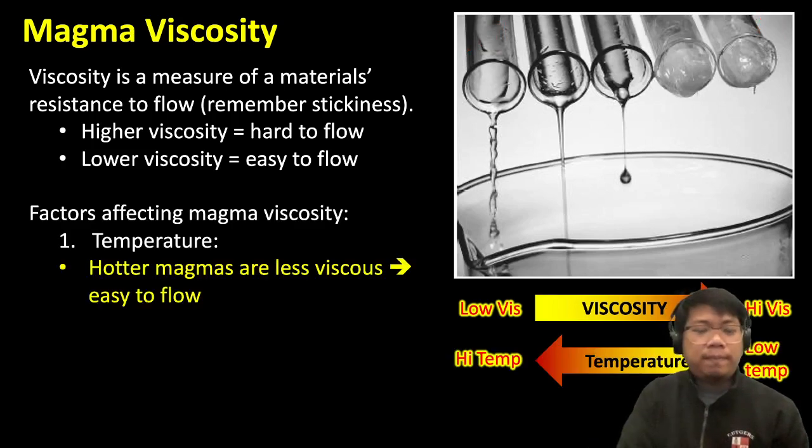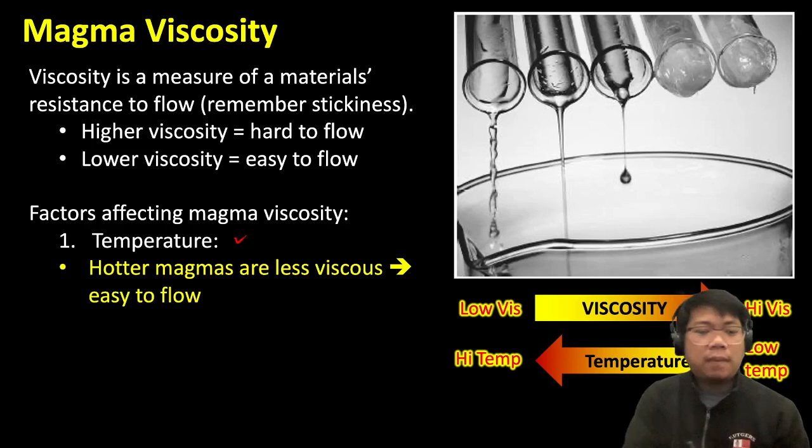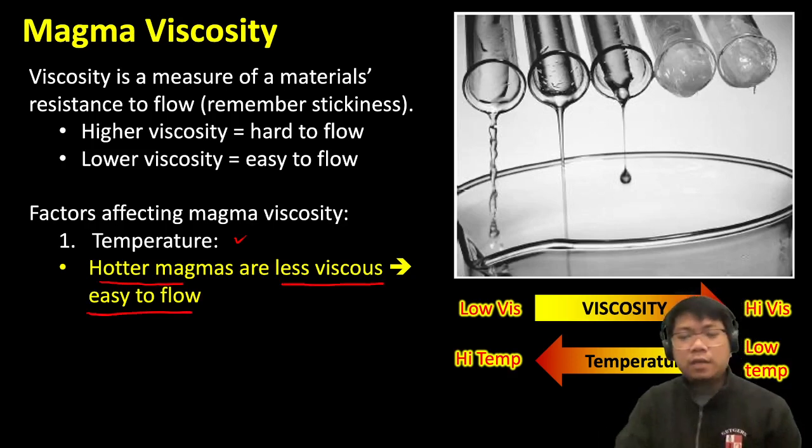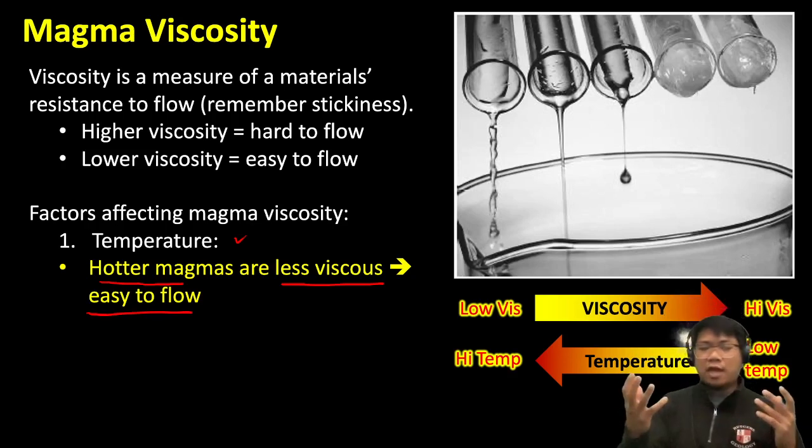Now as I mentioned before, temperature is one of the factors that control the viscosity of magma. It actually happens like this. Hotter magmas are less viscous and easy to flow. If you want to remember something, try to imagine you have two glasses of honey.